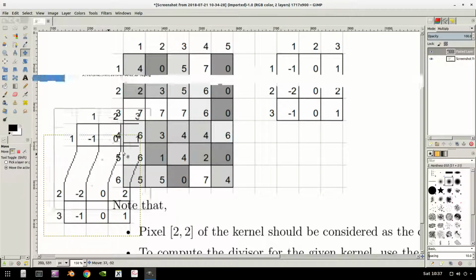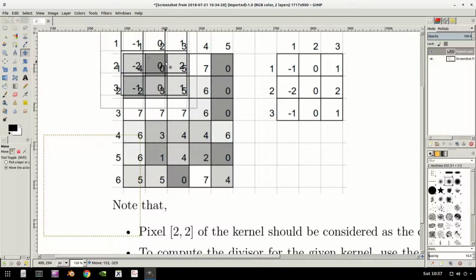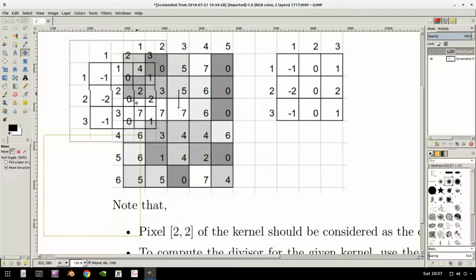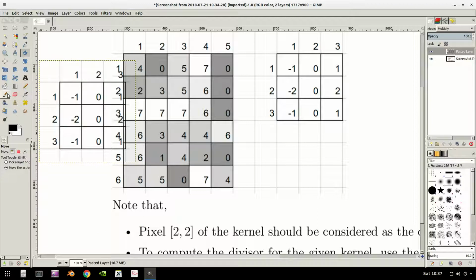This one, alright. If you try to line it up over here, the center pixel has to line up. Let me put some color over here so that you can track it better.